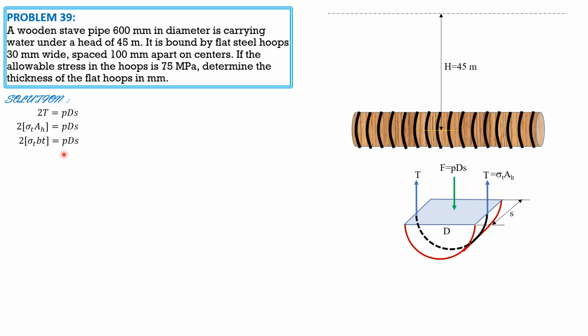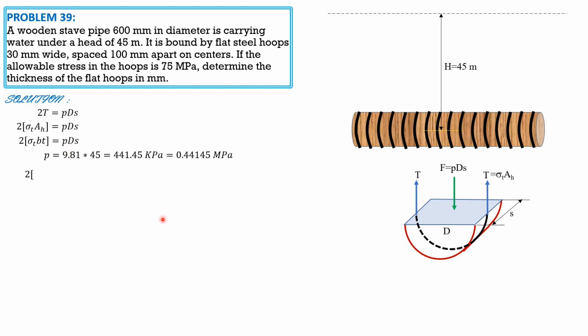The pressure at the center is equal to specific weight of water times head 45, and let's express that in kilopascals. Then let's express that in megapascals by dividing by 1000. So 0.44145 megapascals.